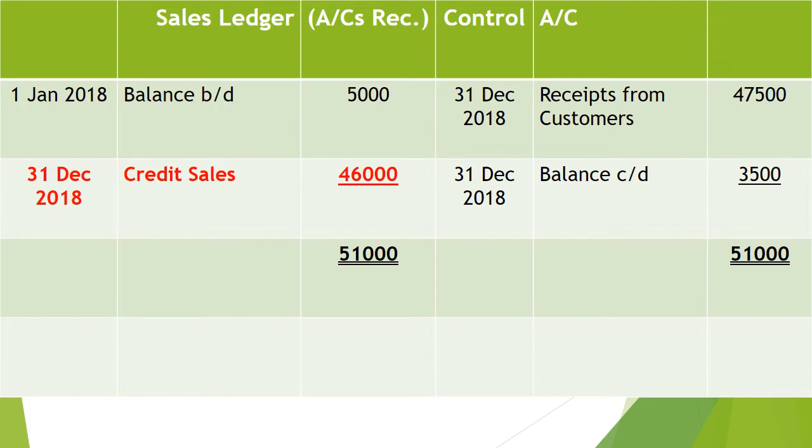The credit sales will be 46,000, because if we add both, the credit side will exceed, that will be 51,000. We take 51,000 on both sides, and the balancing figure will be 46,000. That will be the credit sales of the year.